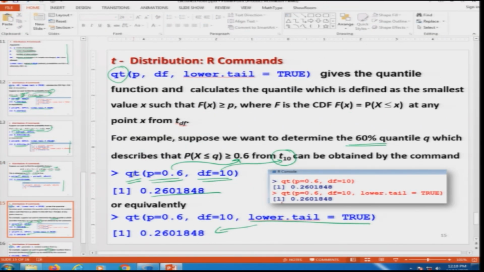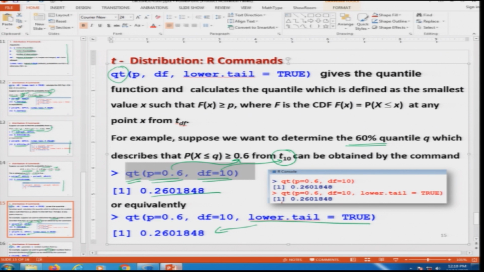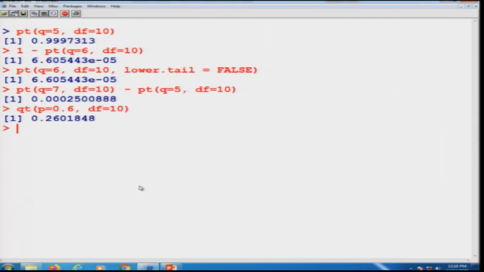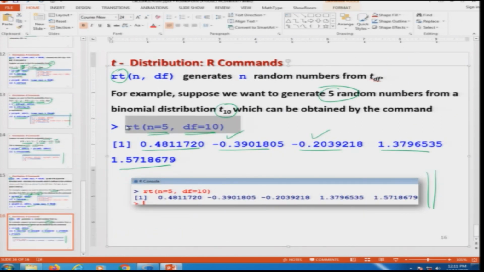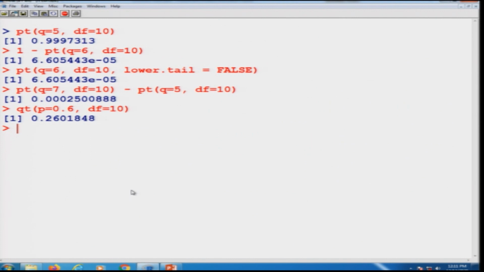Similarly, if you want to compute the 60th quantile, the command qt can be used with p equal to 0.6, and this gives you the value of the quantile. If you want to generate random numbers, it will generate them, but they are not going to be the same as what is written in the slide, because they are random. Every time you generate, they will be different.